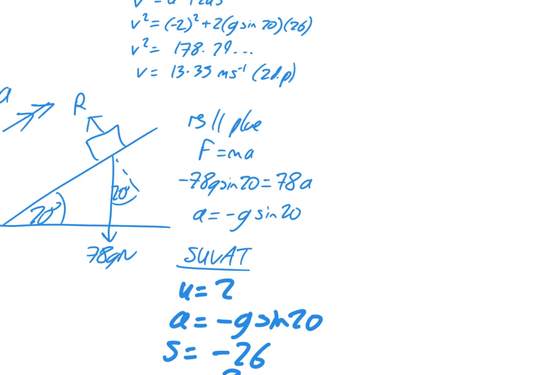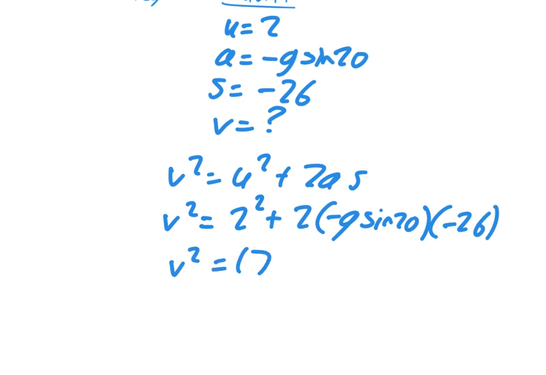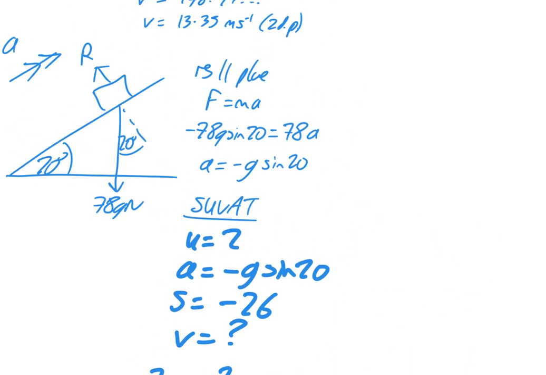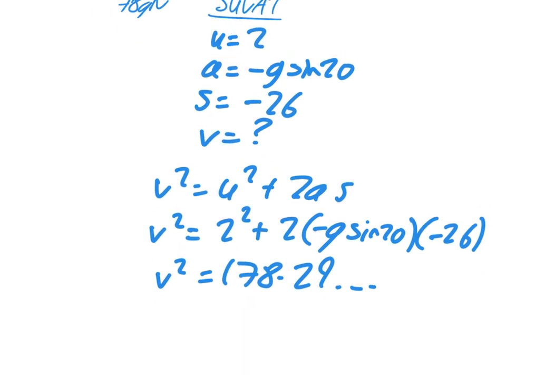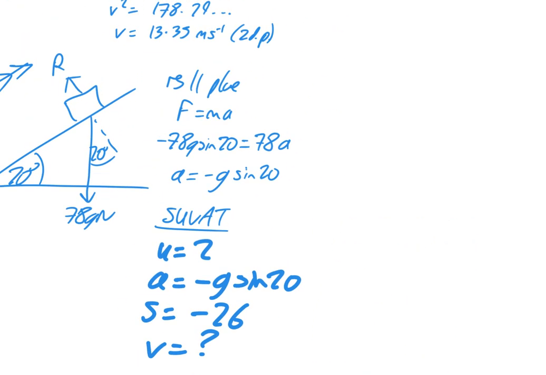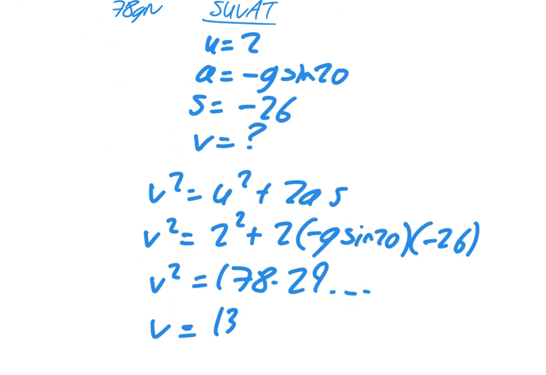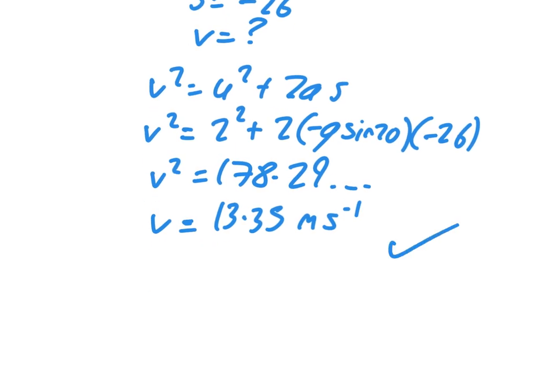That's going to give you the same thing, 178.29... So v squared is equal to 178.29..., and then your v, your speed, is again 13.35. We're looking for speed, so we don't have to worry about it being the negative one, and that's us. So there's just another way to do the same part of the question. It's very common for an F equals ma question to then lead into SUVAT.